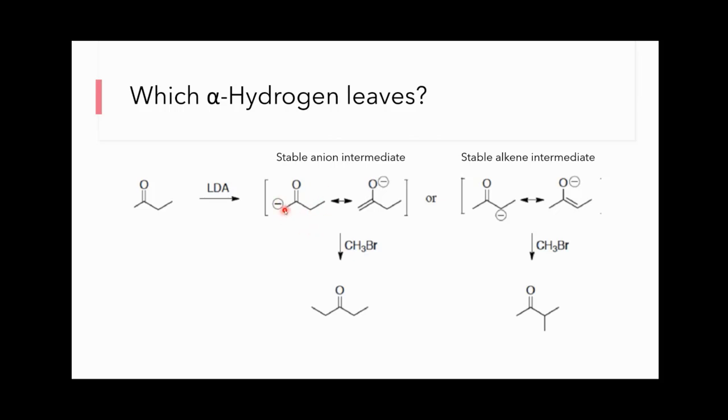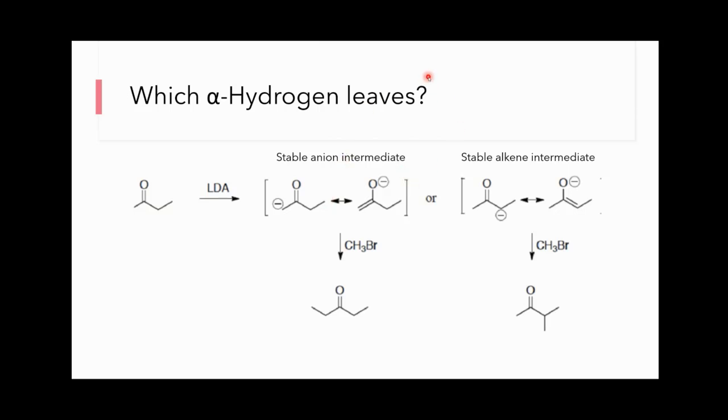In this case, it will be the primary anion. The other one would be a secondary, which is less stable than a primary. So with kinetic, you would take the primary one if you're comparing with a secondary. Look for the stable anion.